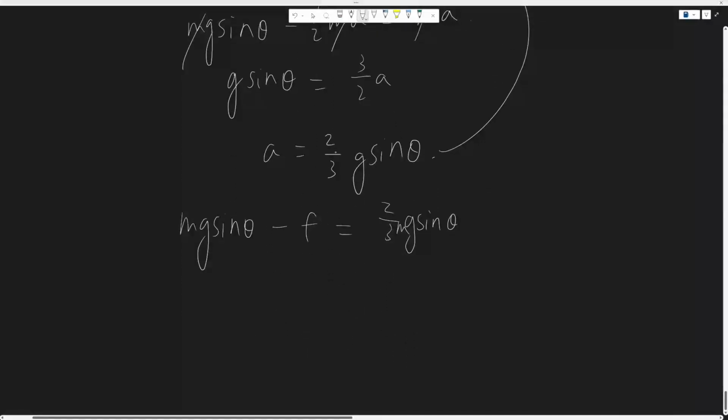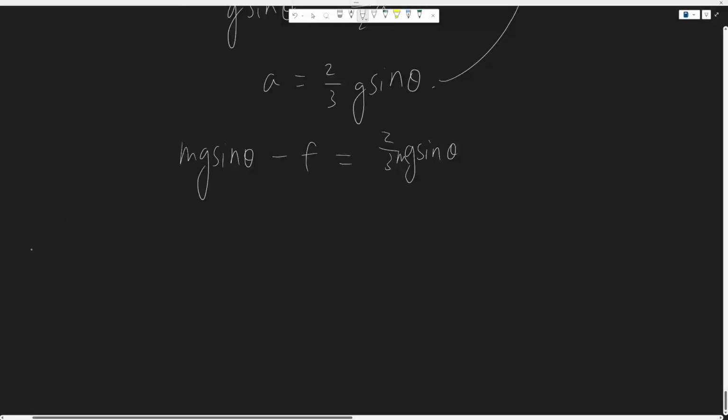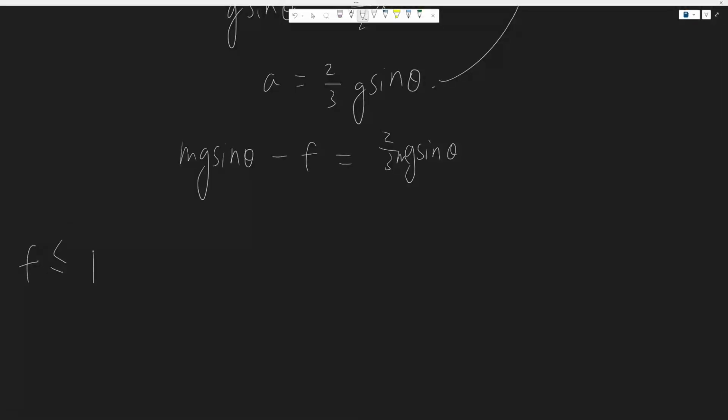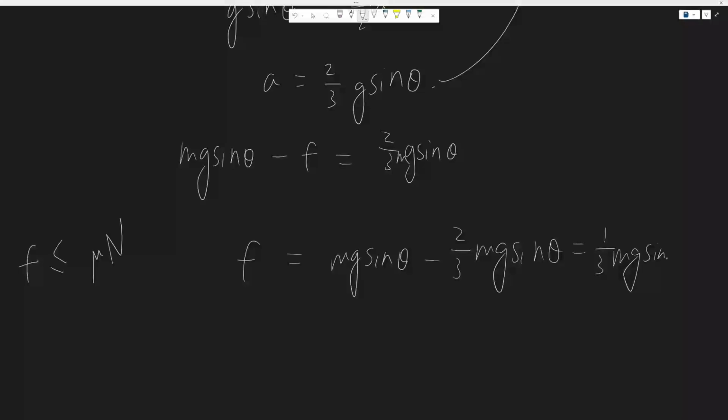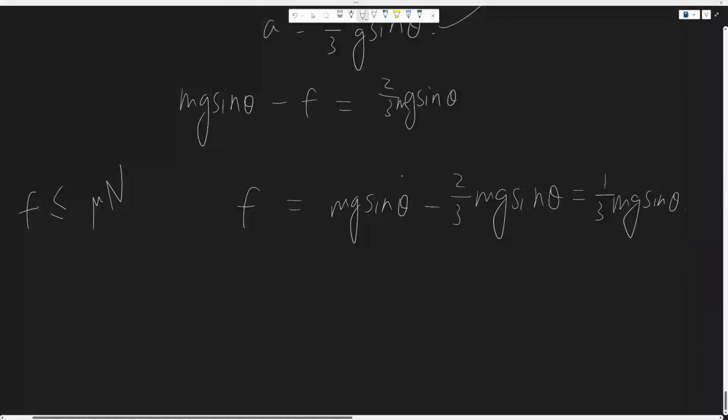For friction, for static friction, f is smaller than or equal to mu times n, where n is the normal force. Let's rearrange: f is equal to mg sine theta minus 2 over 3 mg sine theta, which equals 1 over 3 mg sine theta. What does that mean?